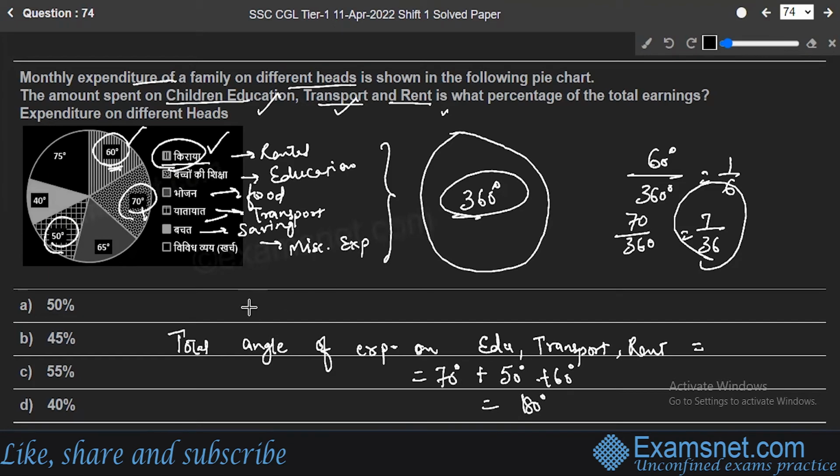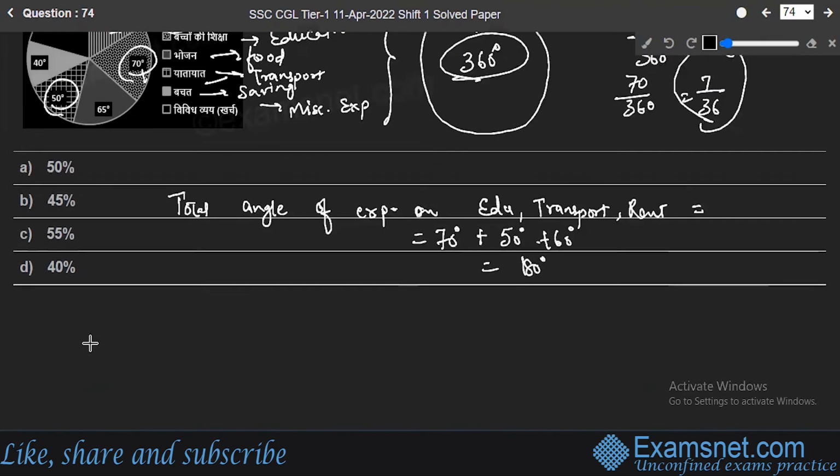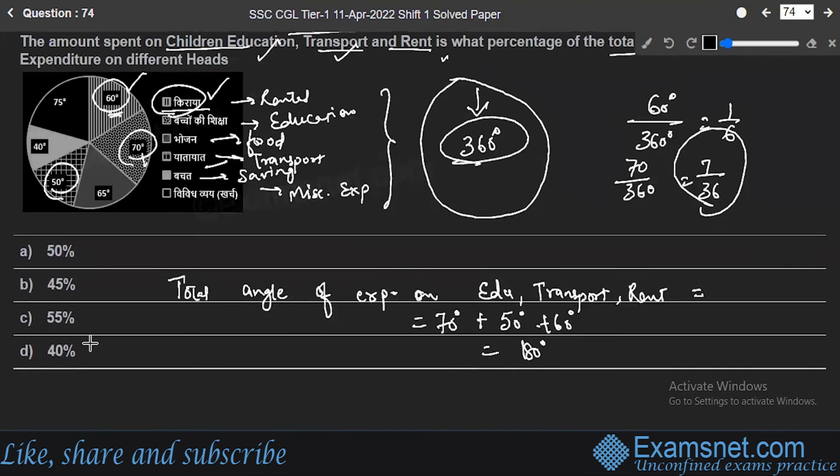Now you have to tell what percentage of the total earnings. You know, the total earnings represent 360 degrees, right? We just discussed this. Also, you can check, if you add all the degrees over here, you will get a total of 360 degrees. So now the percentage required is equal to 180 degrees upon the total, that is 360 degrees.